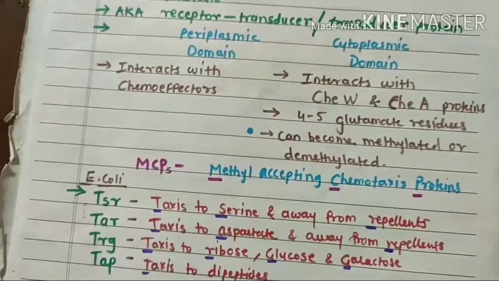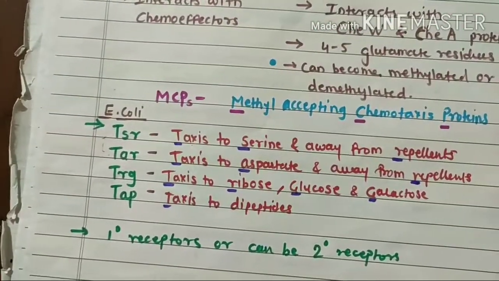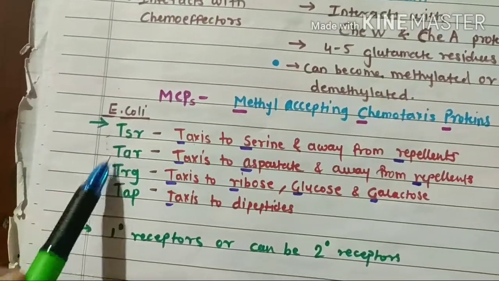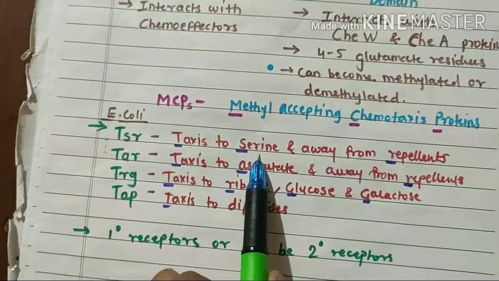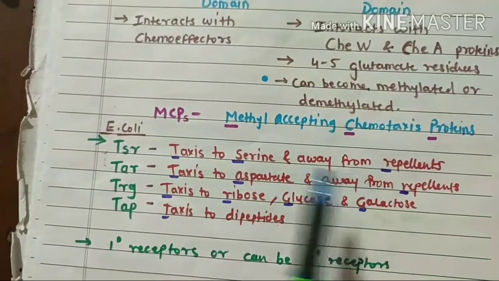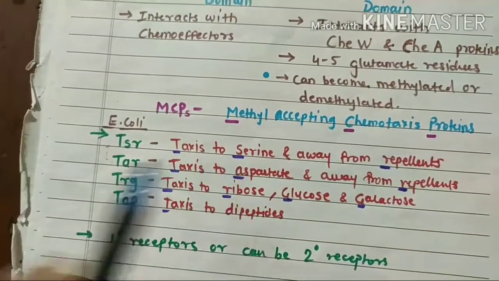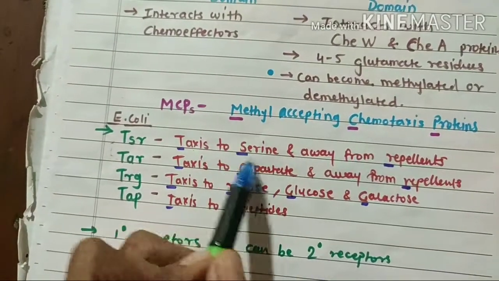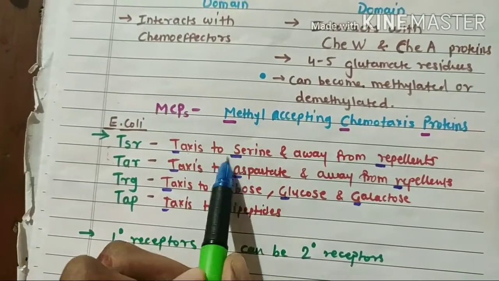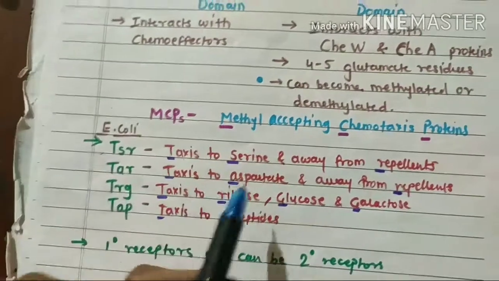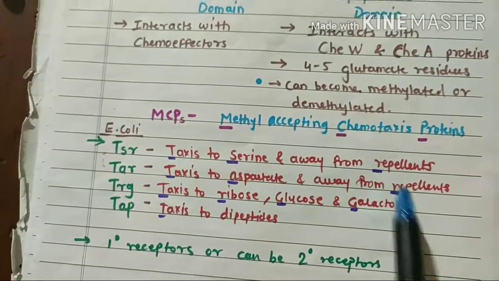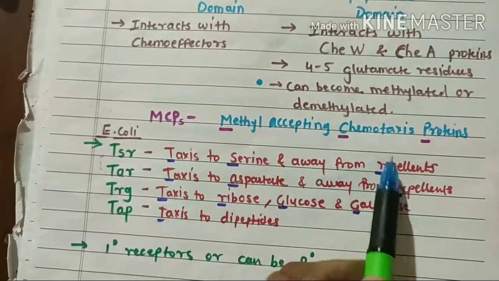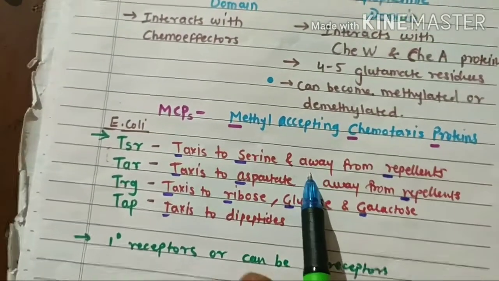Okay. In E. coli, there are 4 types of MCPs. Tsr stands for taxis to serine and away from repellents, which means if there is serine in the media and this serine binds to MCP, the cell will move towards the serine. But if a repellent is present and binds to MCP, then the cell will move away from the repellent.